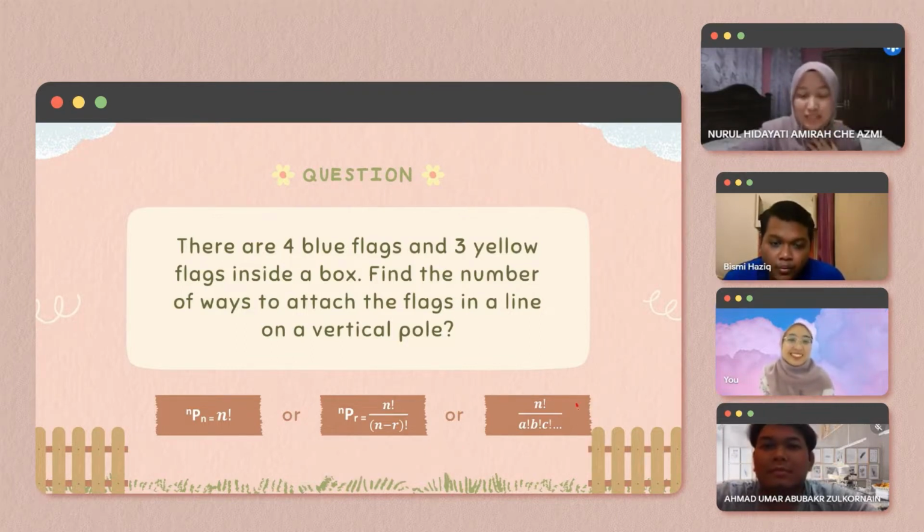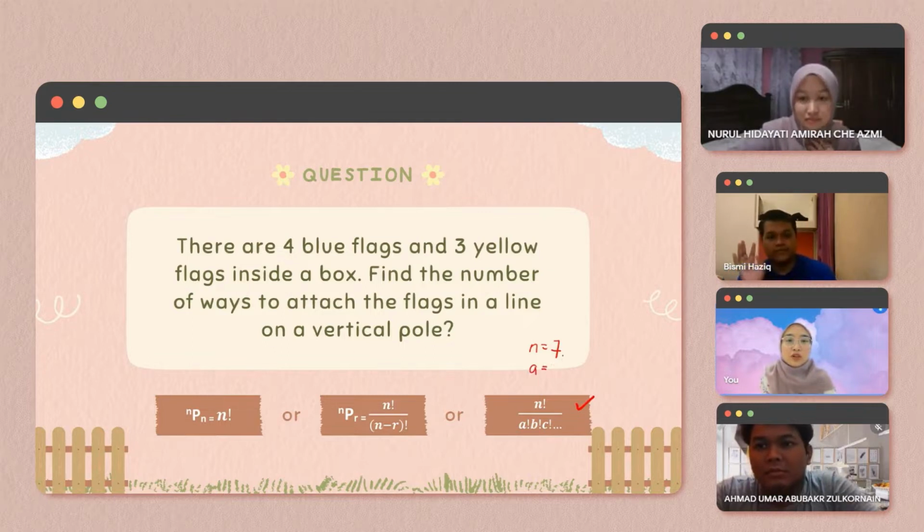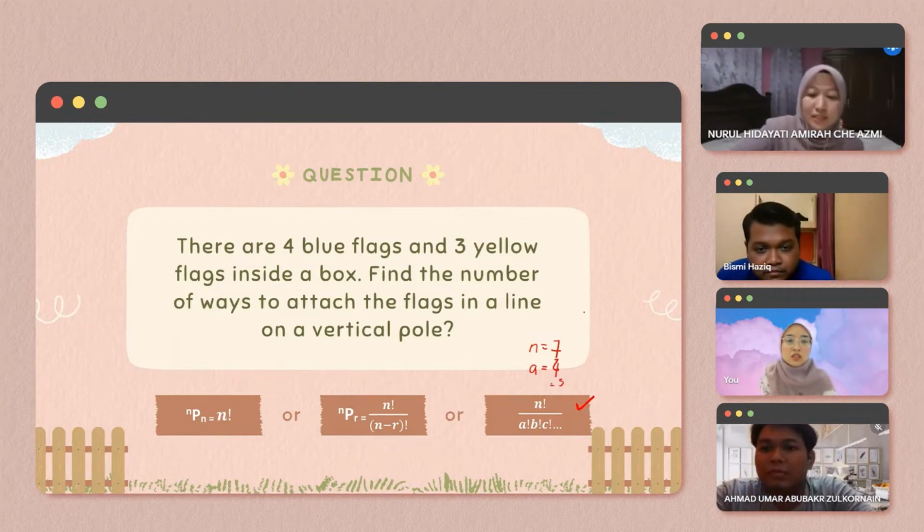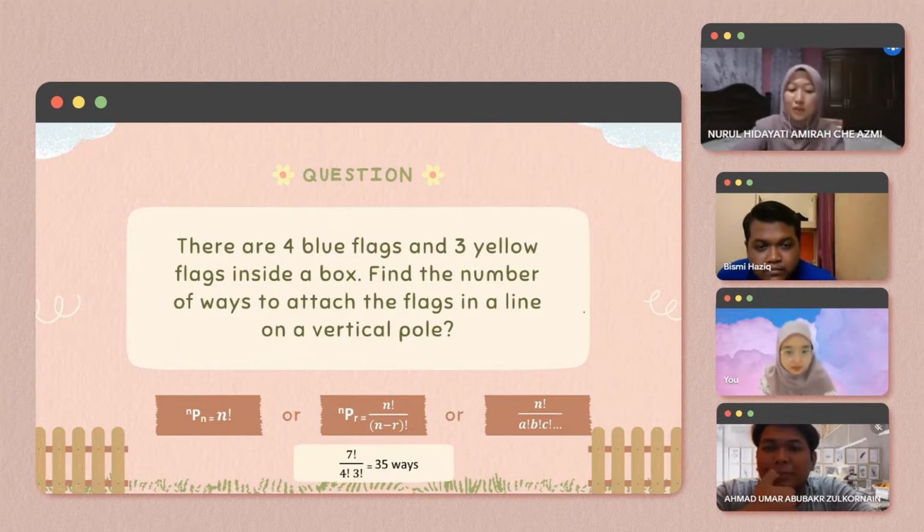So n is 7, blue flags 4, yellow flags 3. So 7 factorial over 4 factorial times 3 factorial.